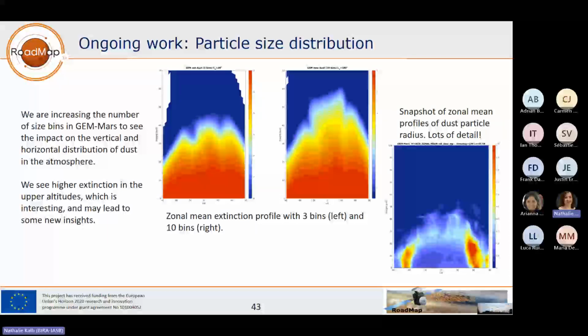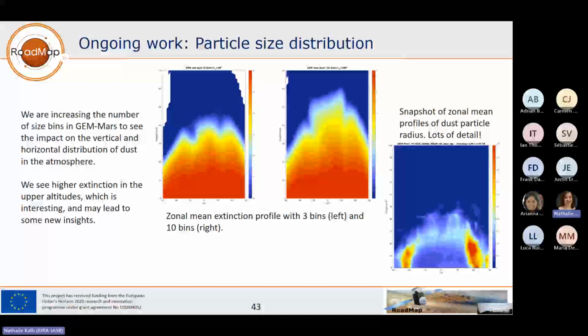This is a snapshot of the dust particle radius. So again, latitude, this is for a different LS. It's right at the beginning of a model run, but you can see lots of interesting detail anyway.